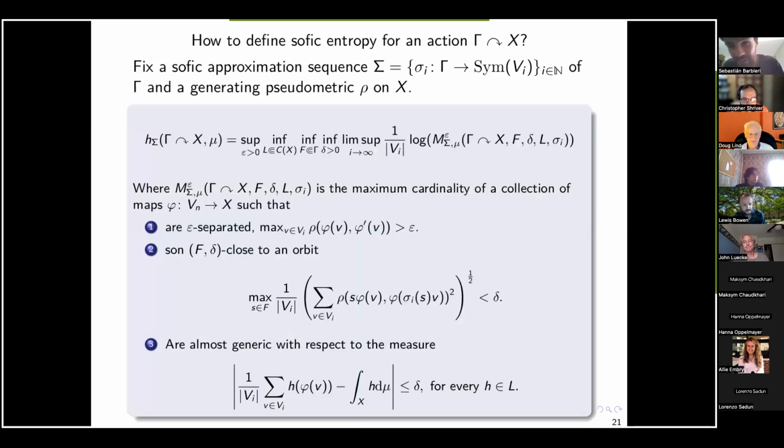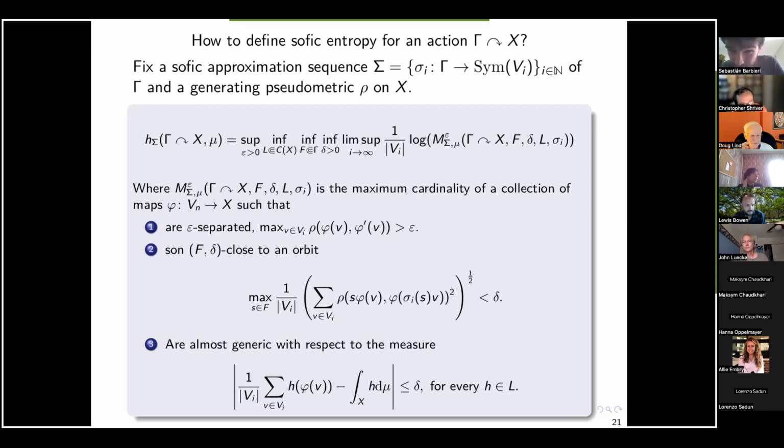It looks like that. So you fix a sofic approximation sequence of your sofic group, and you take a generating pseudometric on your space. And well, sofic entropy is exactly that formula. It's a supremum over epsilon, and you take infimum over three different things: finite subsets of continuous functions on X, finite subsets of the group, deltas.